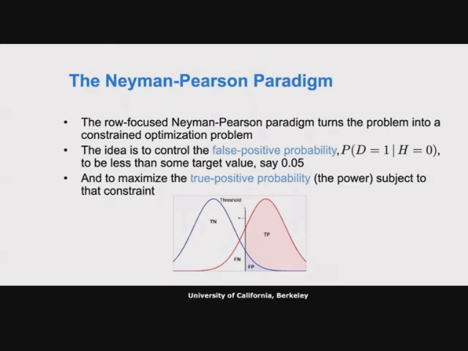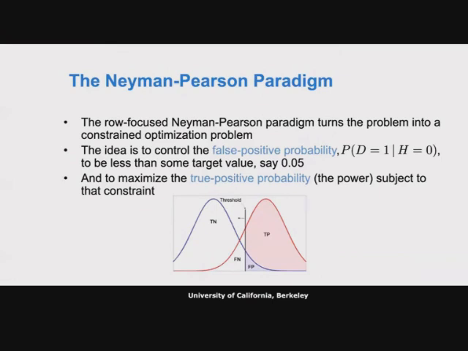They said, I'm going to try to make my false positive probability, that blue shaded region, smaller than some target value like 0.05. All that means is you shift the threshold up until that area gets less than 0.05. Now you could keep shifting it further up and make that area 0.01 or 0.001. That would meet your constraint. In your constrained optimization problem, that's a so-called feasible solution.